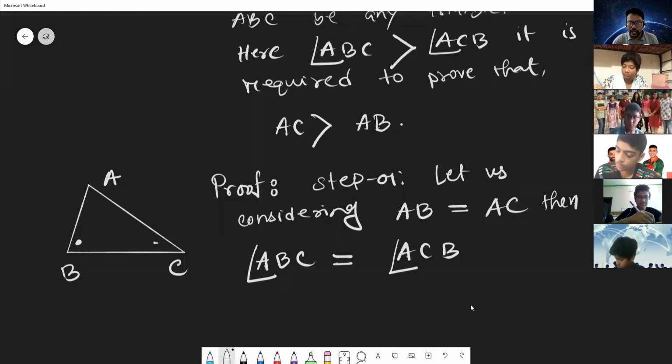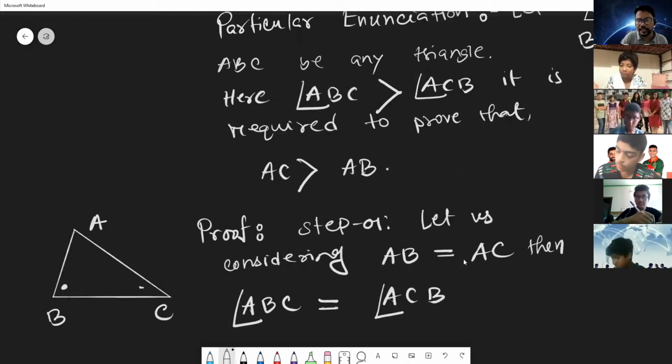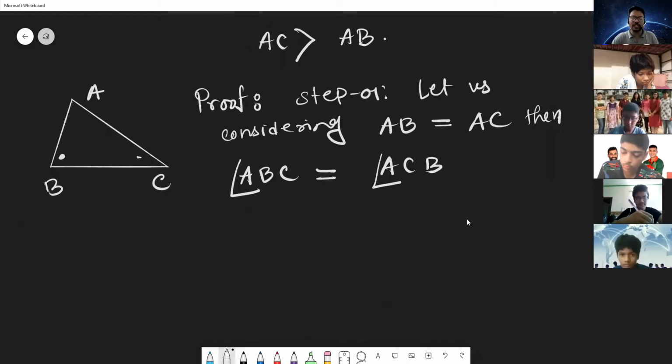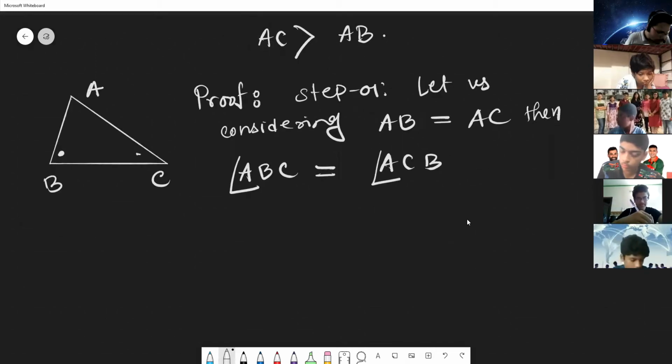Is it possible? In our theorem we say angle B is greater than angle C, but here we are writing angle B equal to angle C. This is not true. In the particular enunciation, we said angle B is greater than angle C, but when we consider them equal, this is not true according to the hypothesis. Hypothesis means the information which is given.